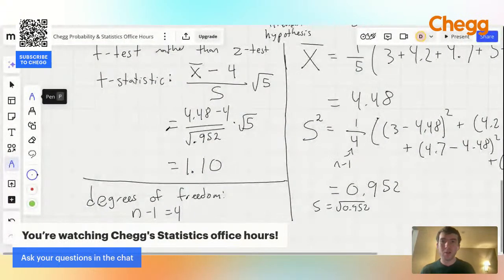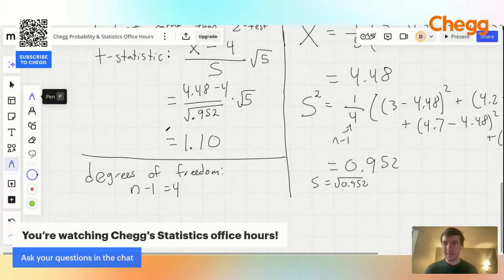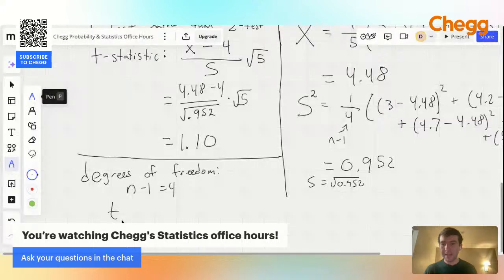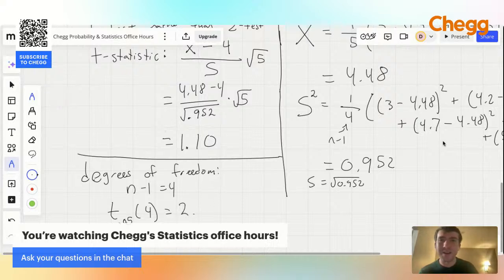So let me go back to the whiteboard here. So t of 0.05 of 4, this is just my notation for the critical value of the t-distribution with degrees of freedom 4 at the 0.05 level. I already forgot what the value was. I think it was 2.132.